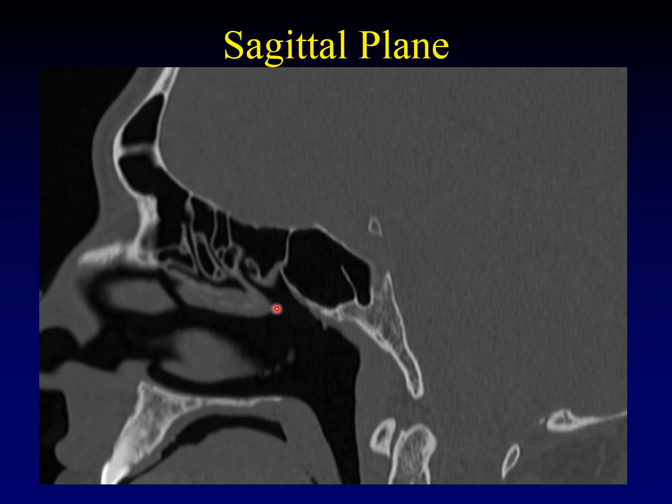The basal lamella of the middle turbinate, that is the bone that connects the middle turbinate up to the anterior skull base, is usually very well depicted in the sagittal plane. So a couple of useful things you can see there. There's a lot more we could do with the sagittal plane.